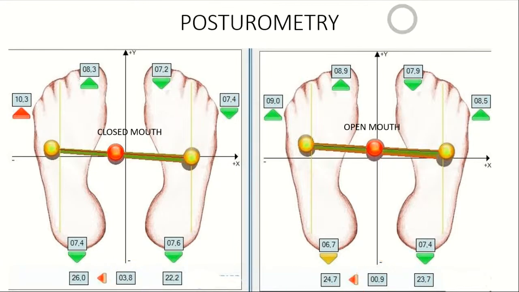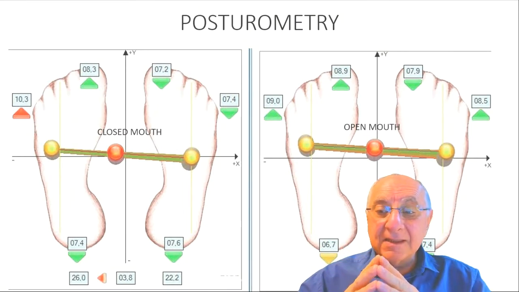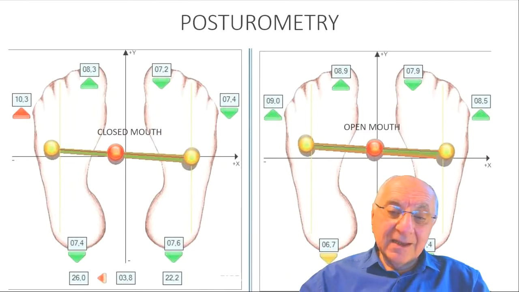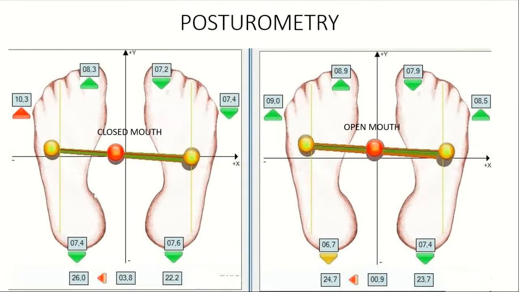Also, the barycenter goes back and left when the patient closes the mouth, and that is very important. When you measure, you create science. You turn your clinical opinion into science.